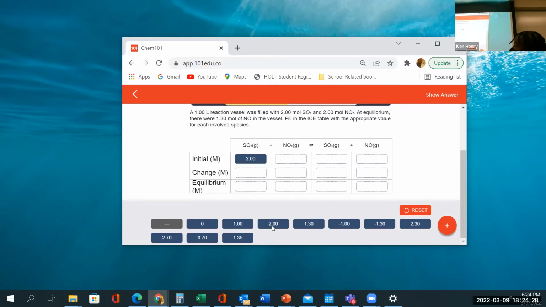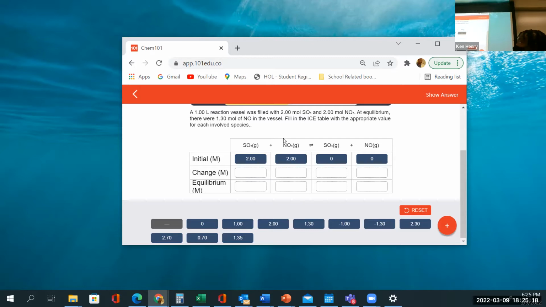Sulfur dioxide, nitrogen dioxide, 2. The change. Oh, okay.